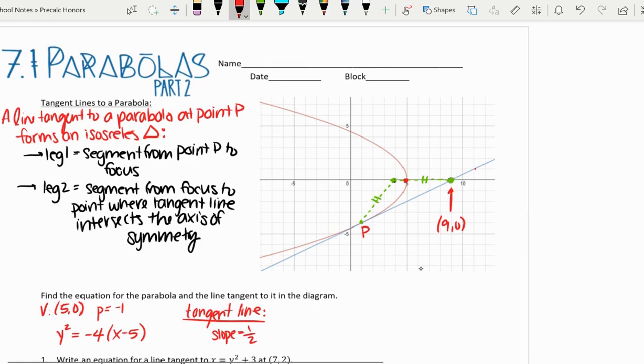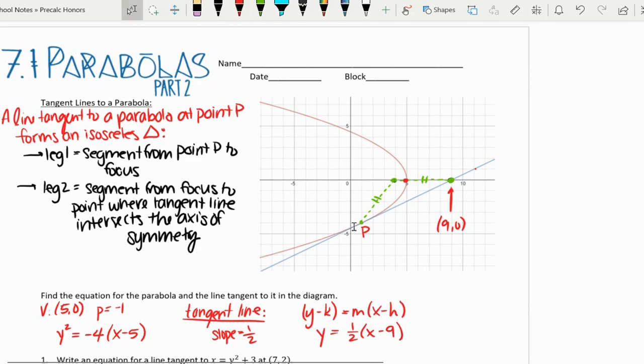Our point, I'm going to use 9, 0. So it would be the same thing as our parabolas, and I'm going to switch to h, k like we do here. So y minus k equals m times x minus h. So our line would be y minus 0 equals 1/2 times x minus 9. So that would be an equation of the tangent line.